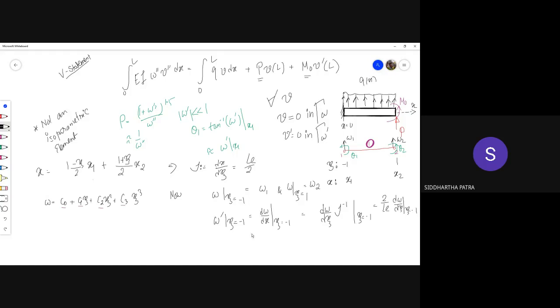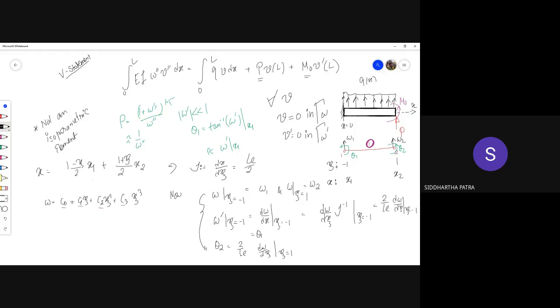Okay, and that quantity should be theta 1. Similarly, theta 2 is 2 by le dw dxi evaluated at xi equals 1.